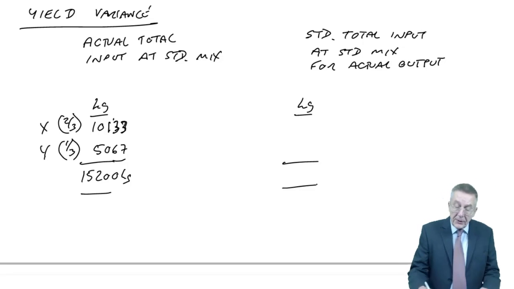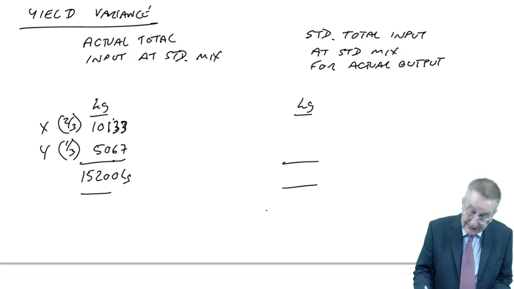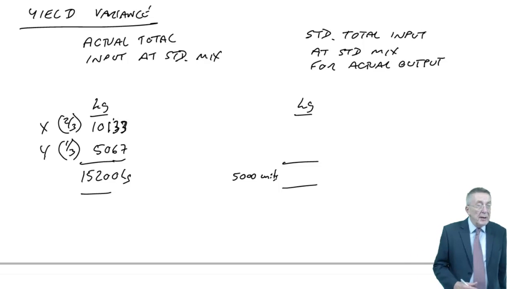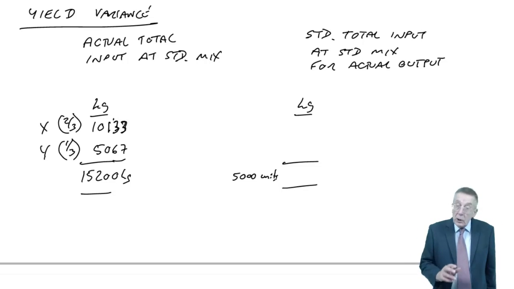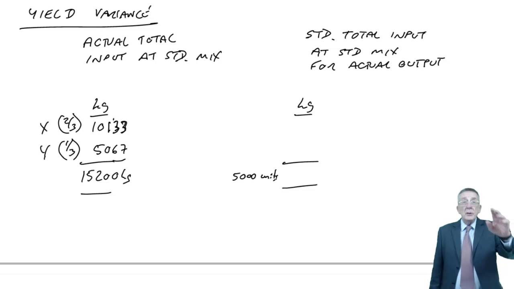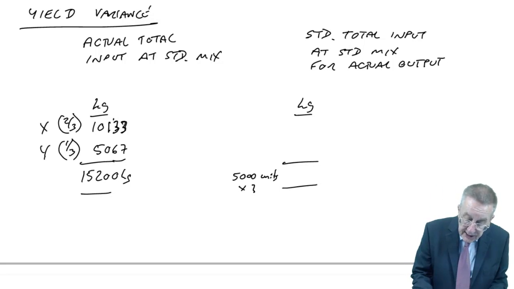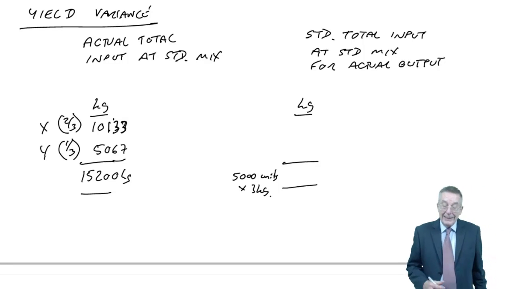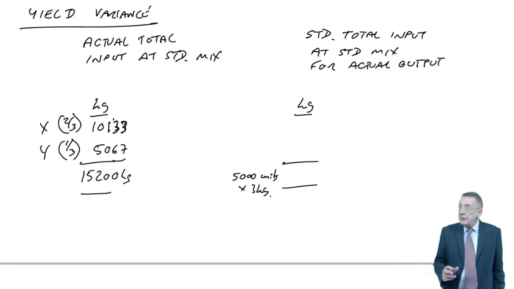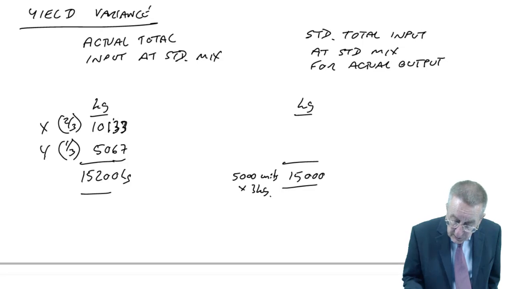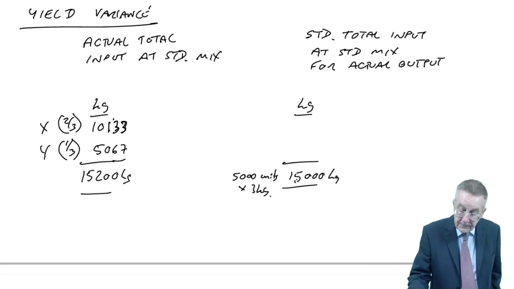We produced 5,000 units. And how many kilos should we have used per unit? Look back at the cost card. Every unit should have used 2 kilos of X, 1 of Y. It should have been 3 kilos a unit. And so if they had done things perfectly, we would have used 15,000 kilos.